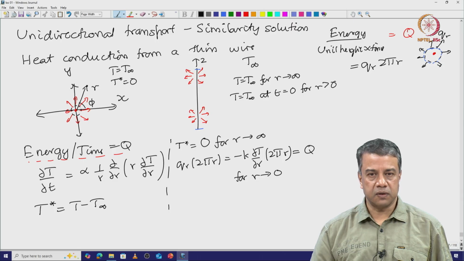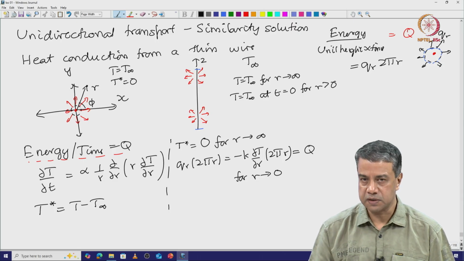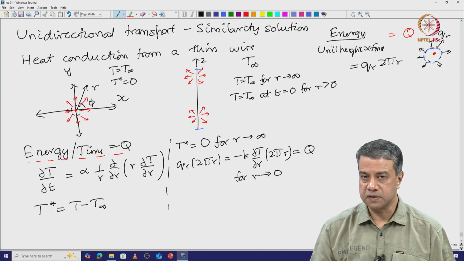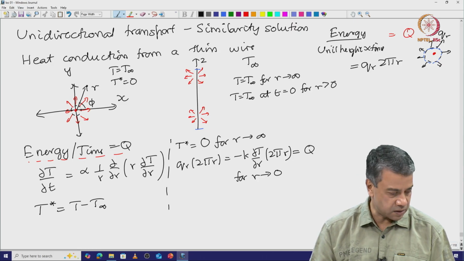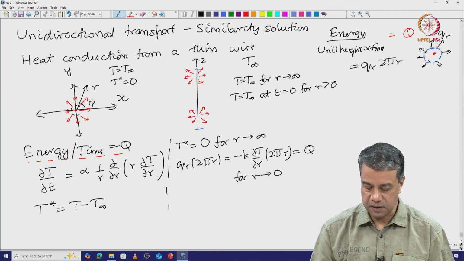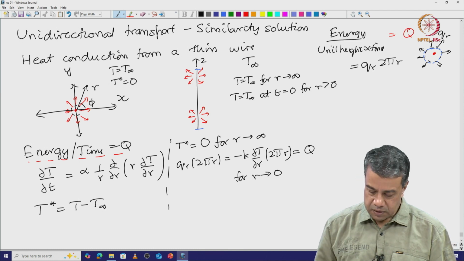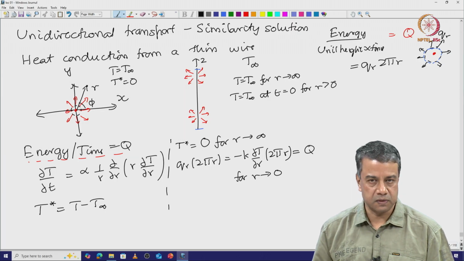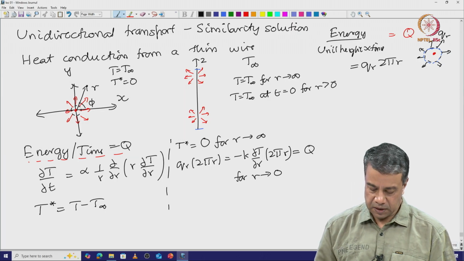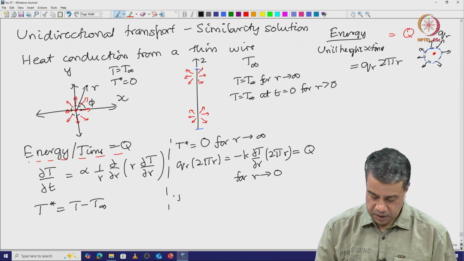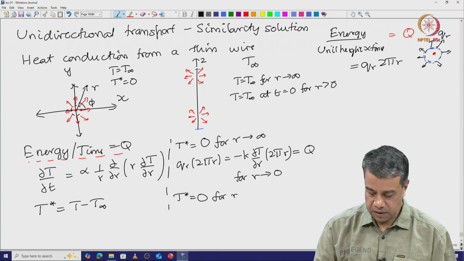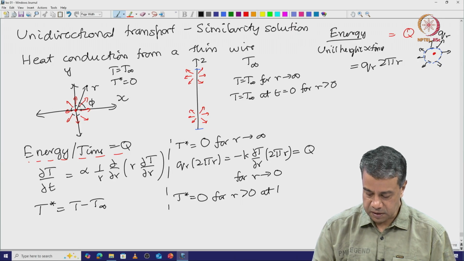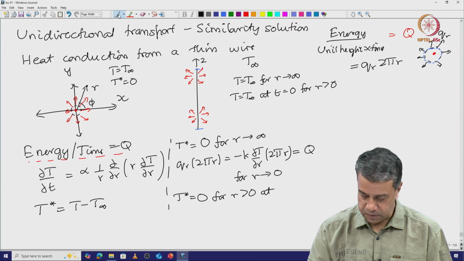For r going to 0, I do not have a constant temperature on the wire. What I have is a constant heat generated per unit height of the wire per unit time. So, these are the two boundary conditions as r goes to infinity and r goes to 0. And the initial condition is that T star is equal to 0 for r greater than 0 at initial time, at t is equal to 0.